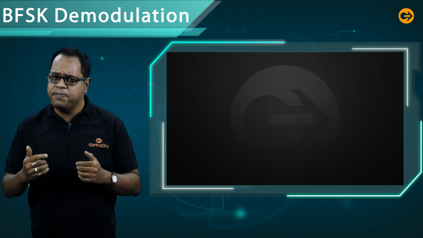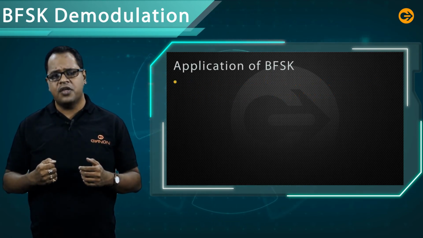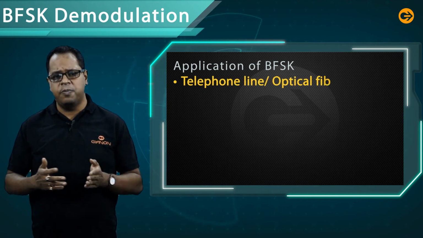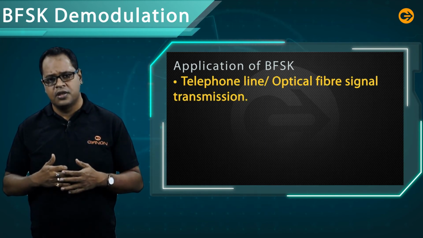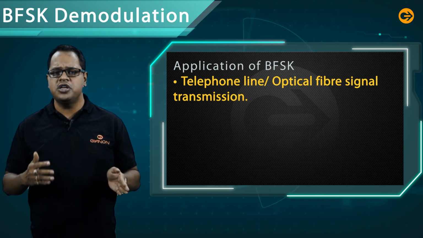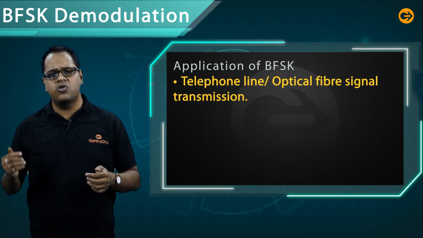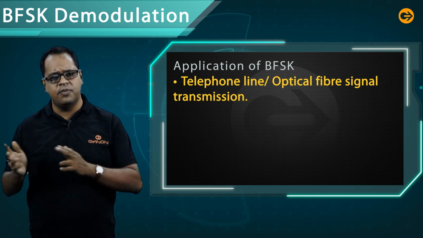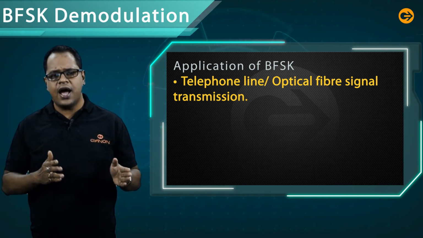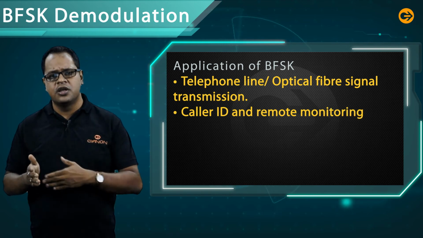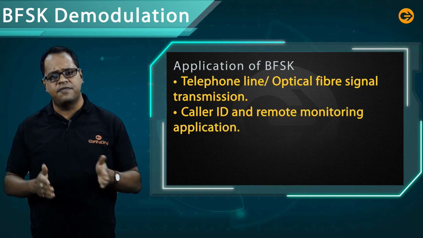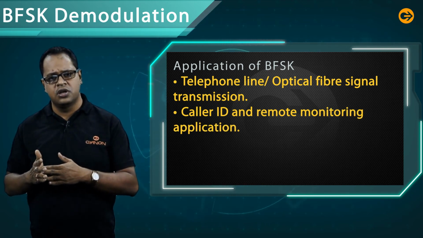What are the applications of BFSK? BFSK is applied in telephone line or optical fiber signal transmission. That means during transmission in optical fiber or telephone line, binary frequency shift keying modulation and demodulation is used at the two terminals. In caller ID and remote monitoring applications, BFSK is used for modulation and demodulation.